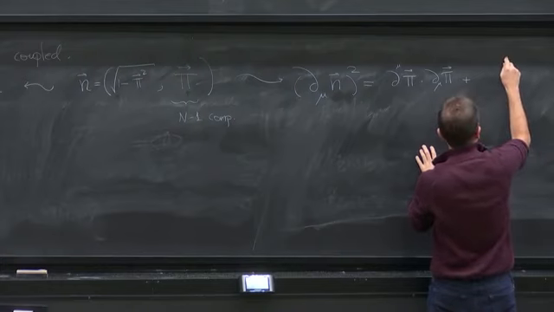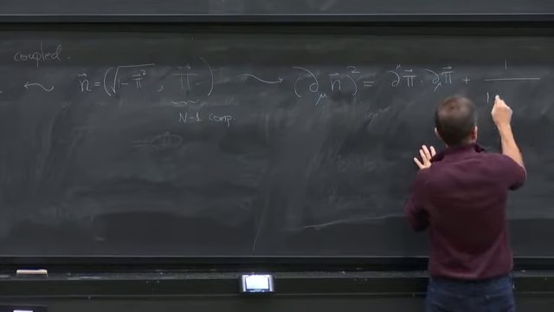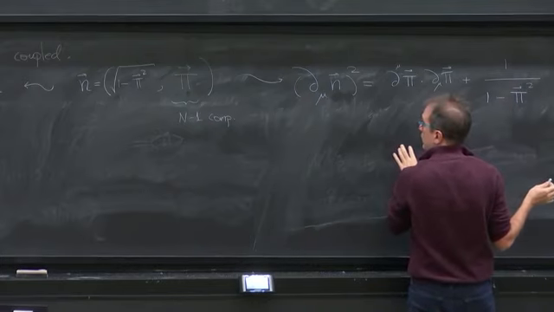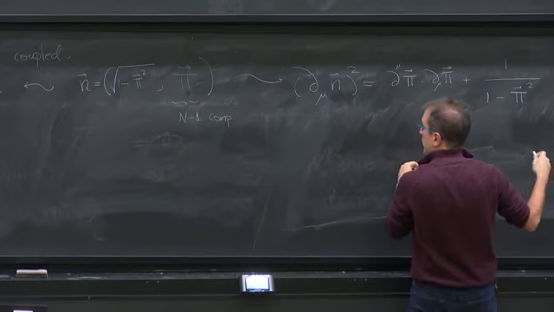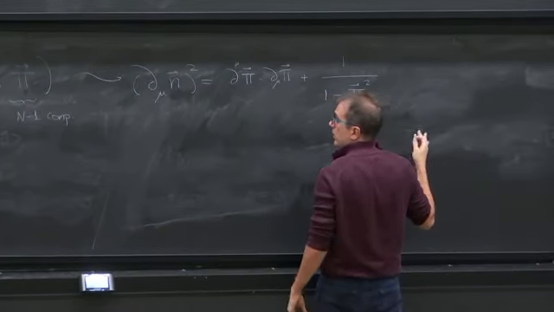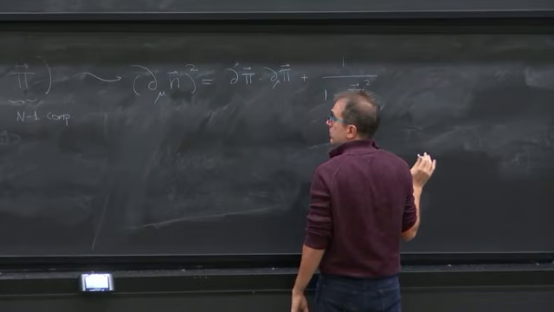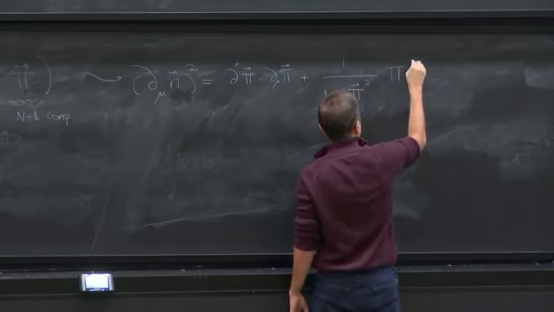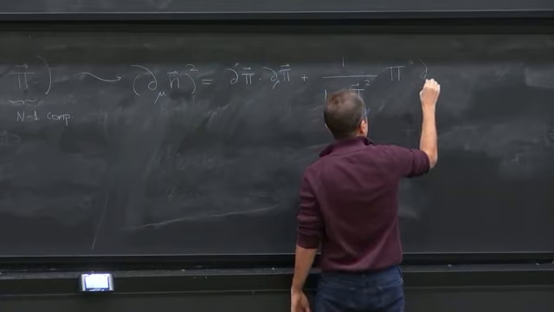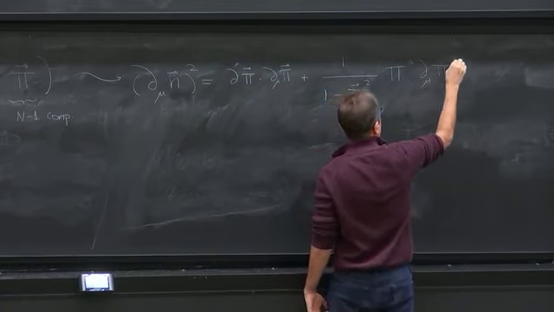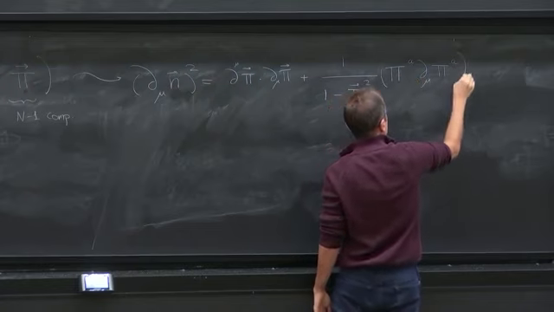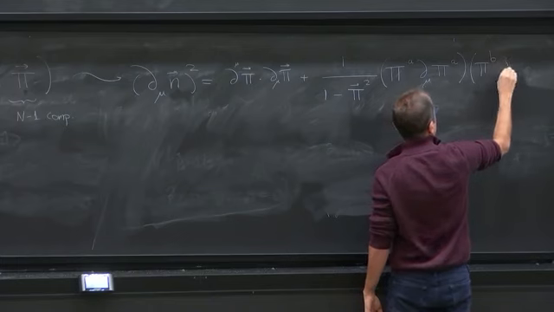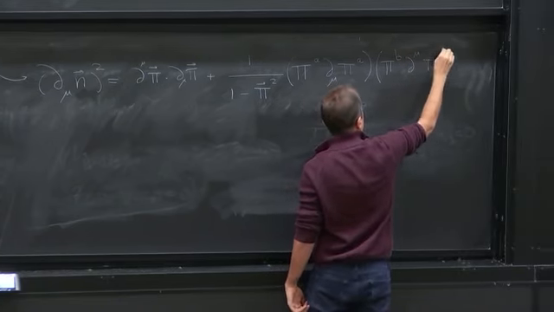It would be something like 1 over 1 minus pi squared. From taking the derivative of a square root, you get 1 over the square root. You do it twice, you get 1 over the argument of the square root. And then you get, let me write explicitly, pi index A del mu of pi index A, that was from the derivative of 1 minus pi squared, and then pi index B derivative with respect to mu of pi index B.